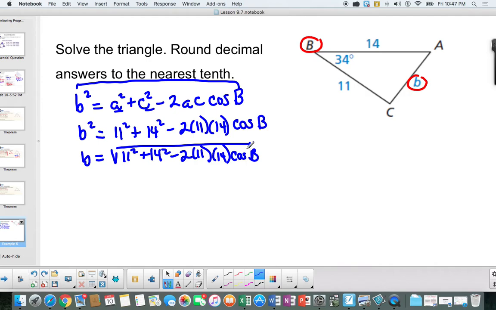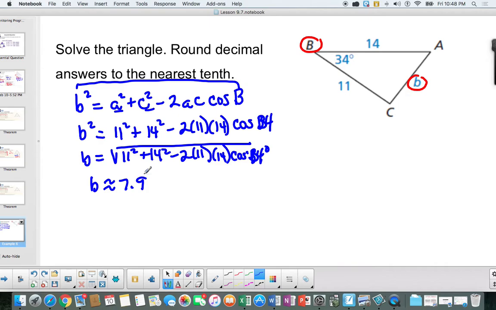Square root of 11 squared plus 14 squared minus 2 times 11 times 14 times the cosine of, now B was 34 degrees. I should have put a 34 here. So this is going to be 34. And I'm going to get b to be approximately 7.9.